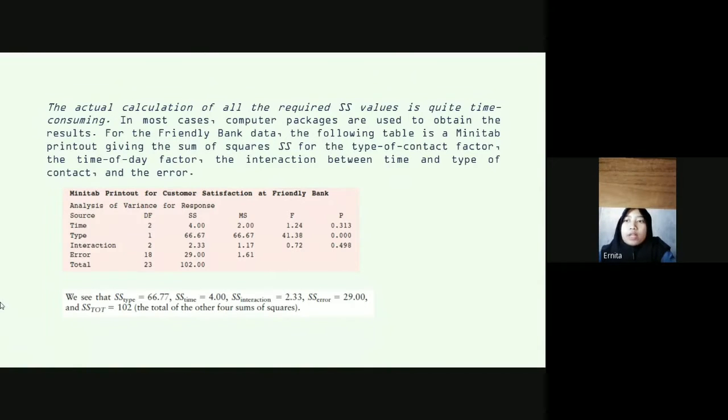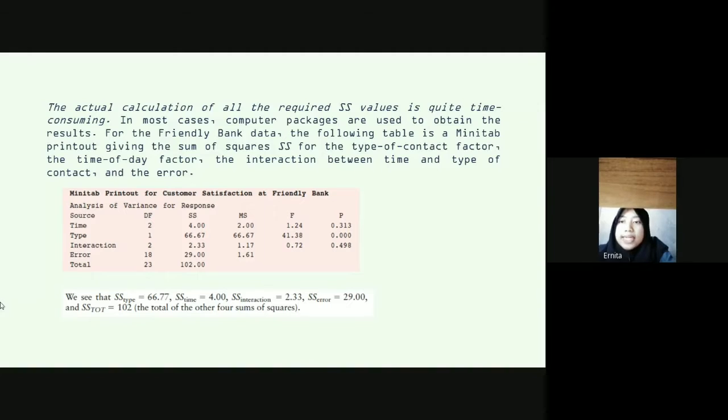The actual calculation of all the required SS values is quite time consuming. In most cases, computer packages are used to obtain the result. For the friendly bank data, the following table is a Minitab printout giving the sum of squares SS for the type of contact factor, the time of day factor, the interaction between time and type of contact, and the error.